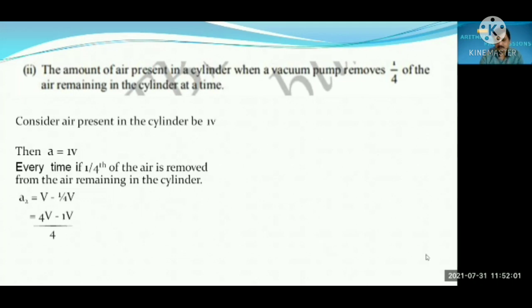We will simplify this one here. 1V is actually 1V over 1, so the denominator is always 1. 4 ones are 4, which will be the LCM.